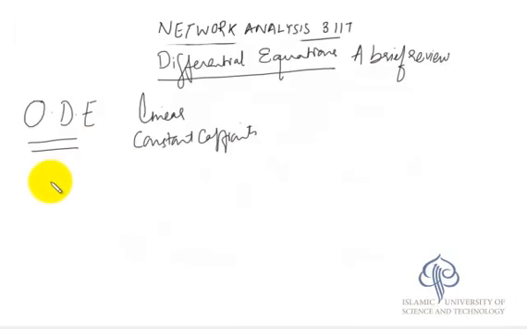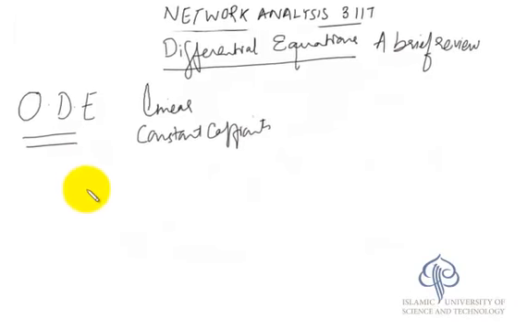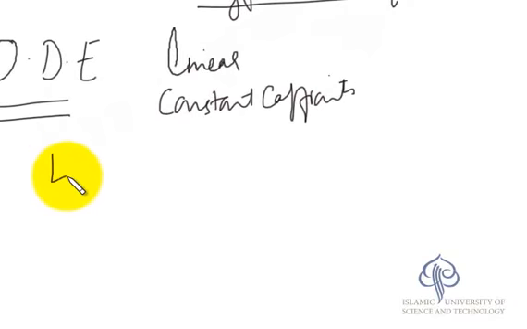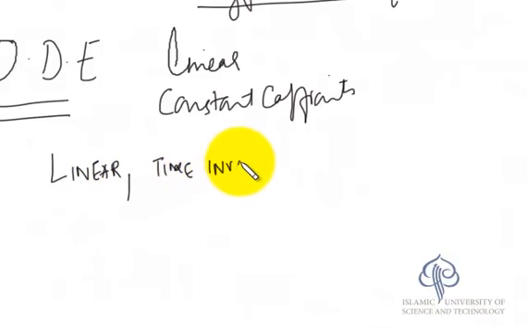So that is more a subject of some advanced study. But in this course we're talking about circuits which are linear, which are generally time invariant. So the governing equations are also linear, and their coefficients are constant. So we'll talk about these things in a little more detail.